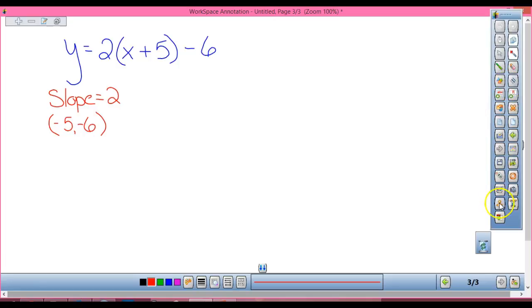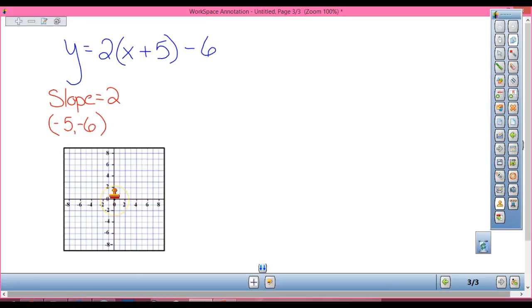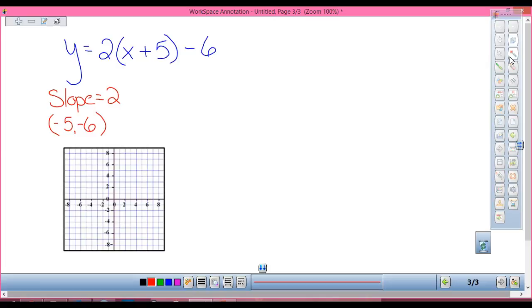Okay, so Marshall, starting point? -5 what? Well, that's my x, but where am I starting? Remember, points are 2 numbers. There you go. So -5, -6 is right here.